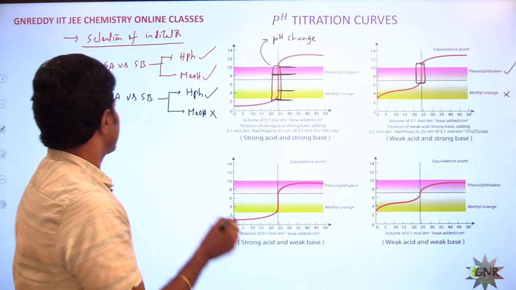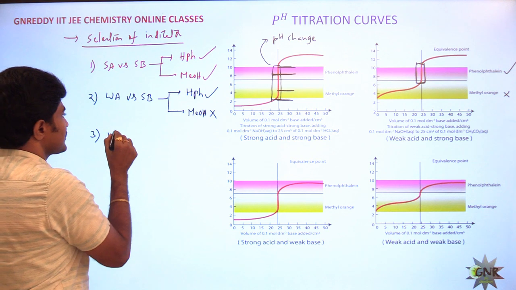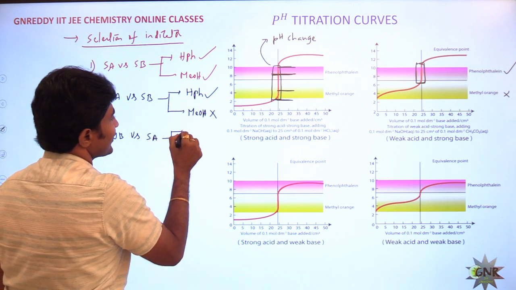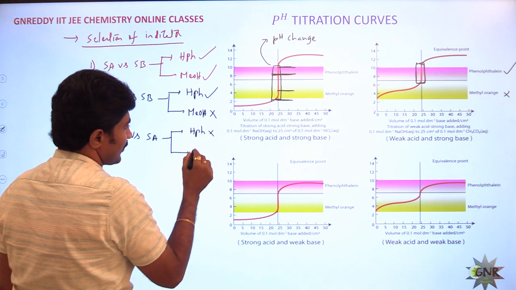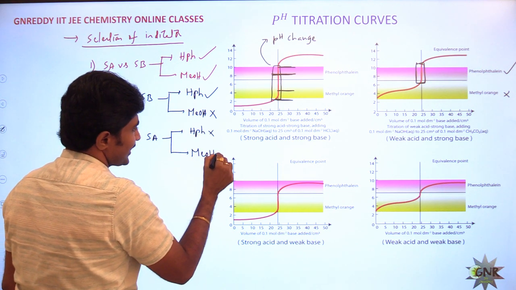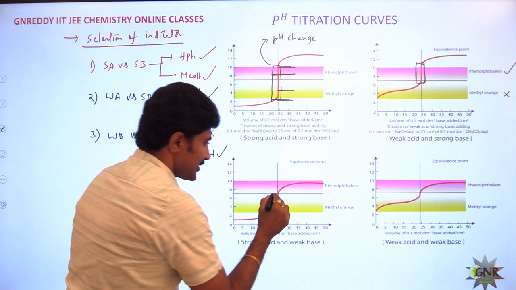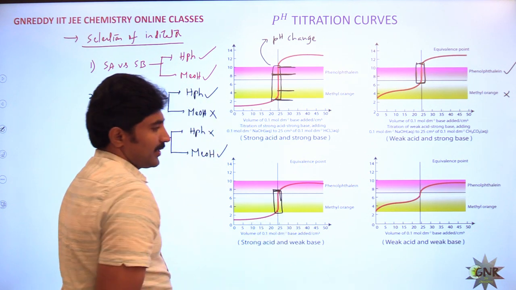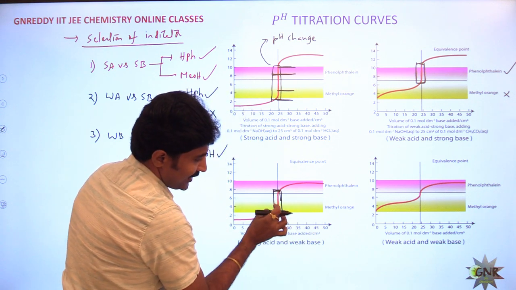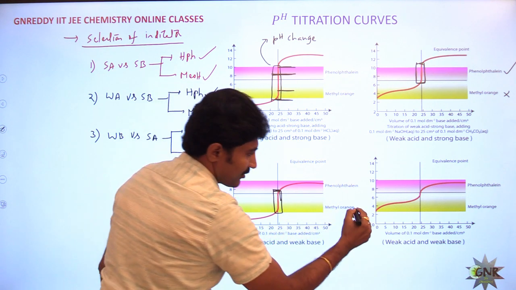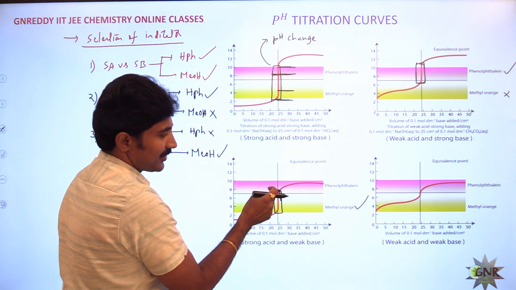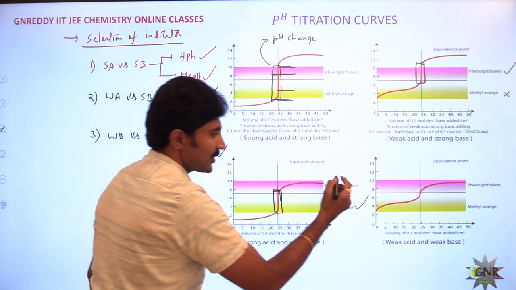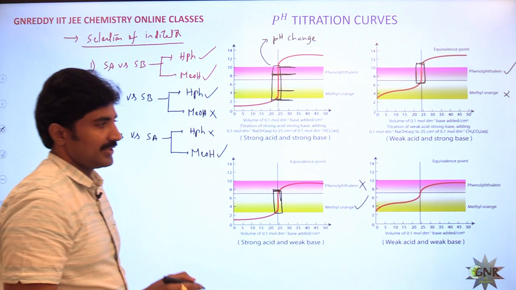Similarly, for weak base versus strong acid, we can't use phenolphthalein; we can use only methyl orange, because this is the pH change at the end point. In this zone methyl orange color change will be noticed, but the phenolphthalein color change occurs only after this, therefore you can't use phenolphthalein.